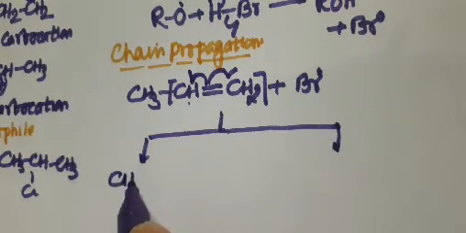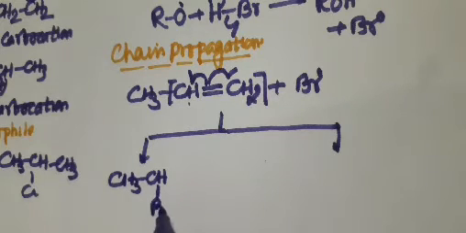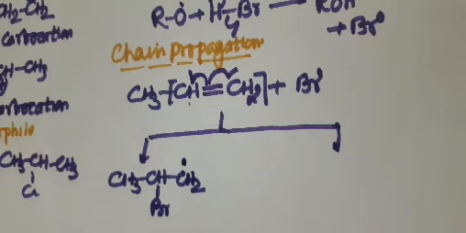If we attach it to the left side carbon atom, then we are getting a 1 degree free radical.